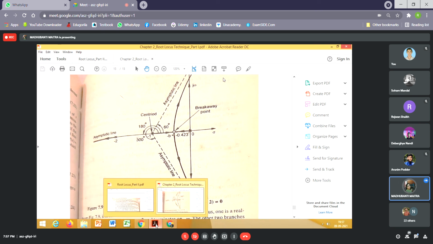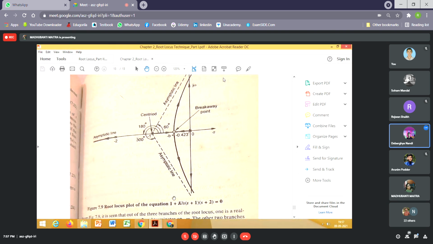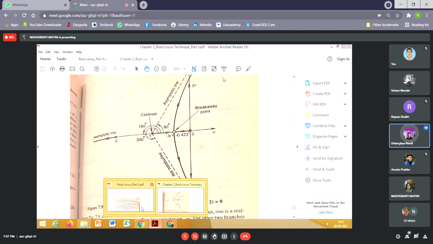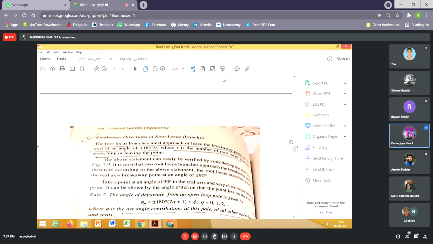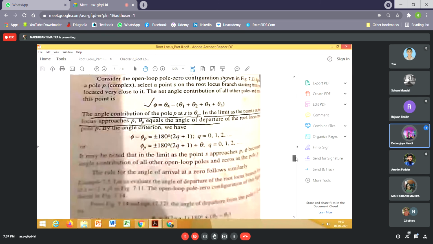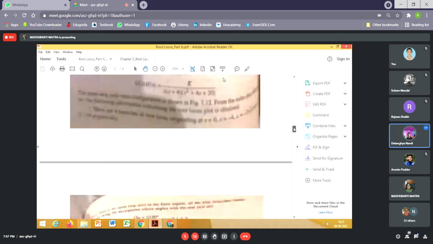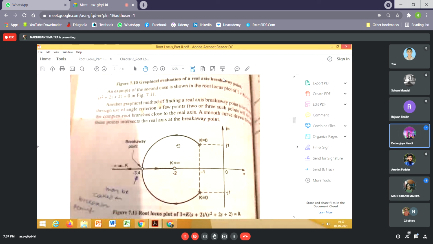In contrast, in the second case, it will be minimum. Here you see this is the break-in point. At this point, say the value of gain k is k1.